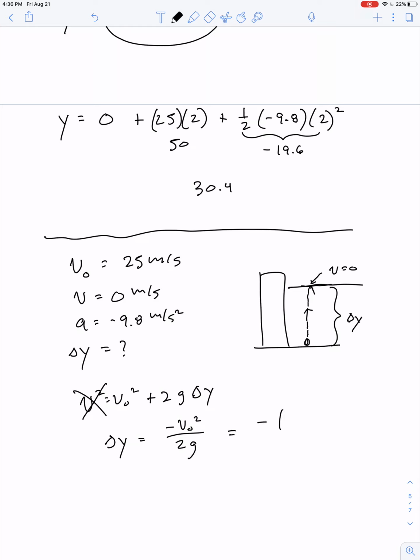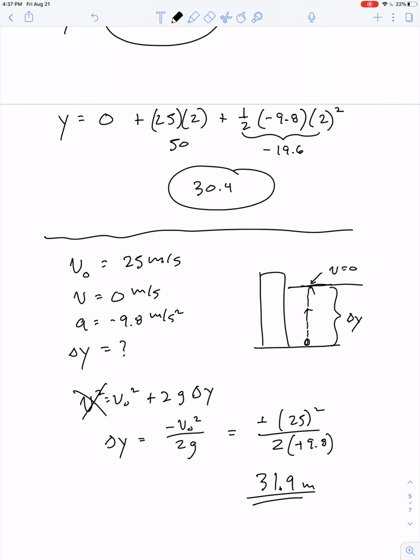This is going to be negative 25 squared divided by 2 times negative 9.8, so the negatives cancel. Hey, grab a calculator, see what you get. 25 squared divided by 19.6 gives 31.9. Ooh, so the rock had almost reached its highest point when it crossed paths with the water balloon, but it still had a little bit higher to go before it stops and turns around.